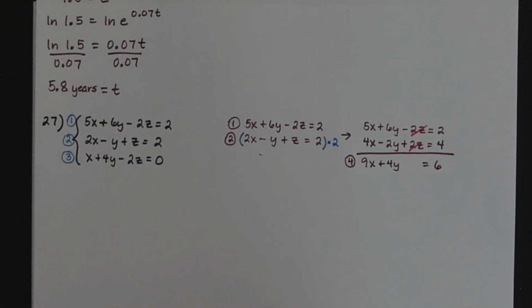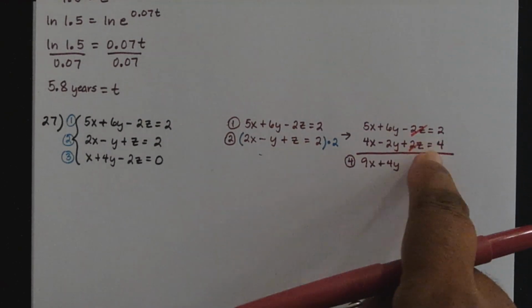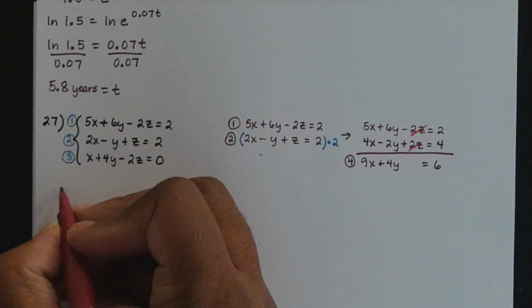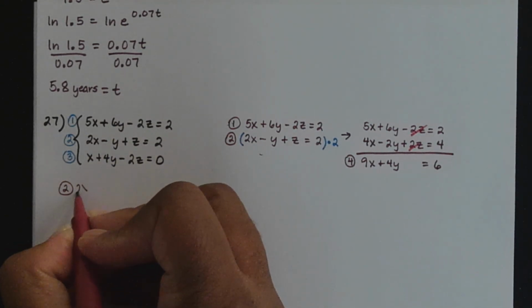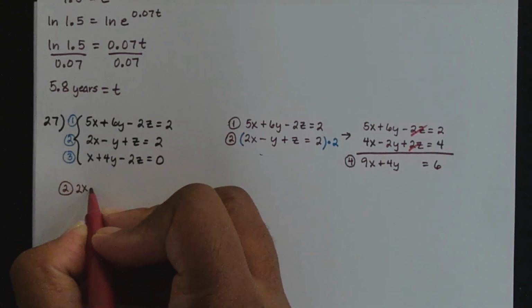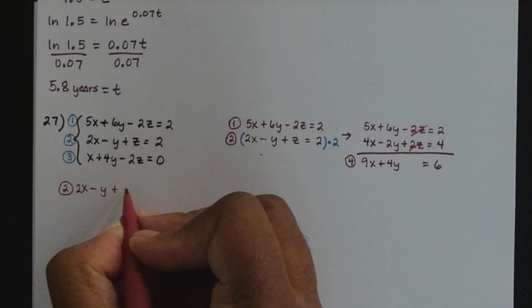All right, now I'm going to pick another pair of equations, but I have to eliminate the z since I eliminated the z in equations 1 and 2. Well, let's use 2 and 3. In equation 2, that's 2x minus y plus z is equal to 2.